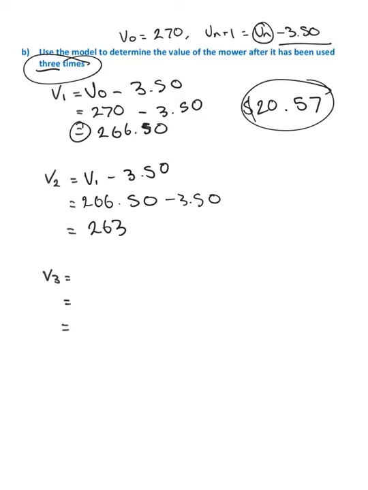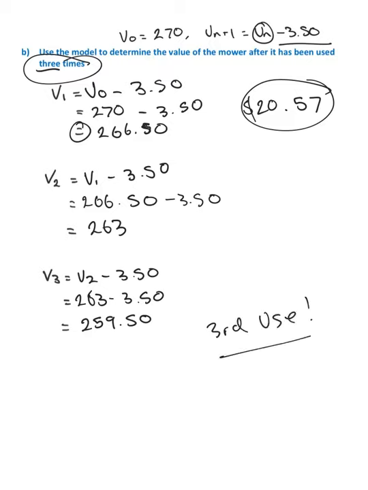We're going to go V2 minus our difference, which is $3.50. V2 is 263 minus $3.50. We are left with $259.50. So it has a value of $259.50 after its third use. Nice. Remember, you can do that in the Casio on your calculator.